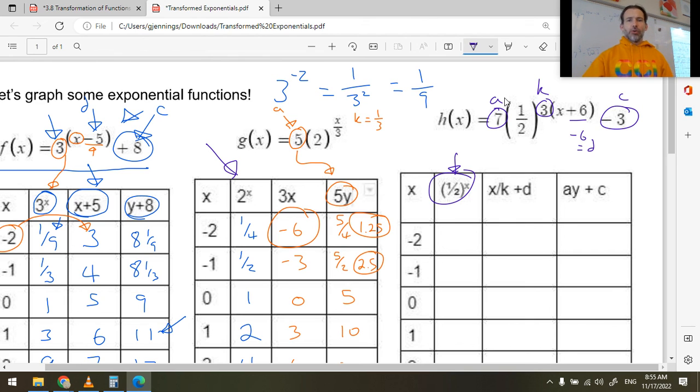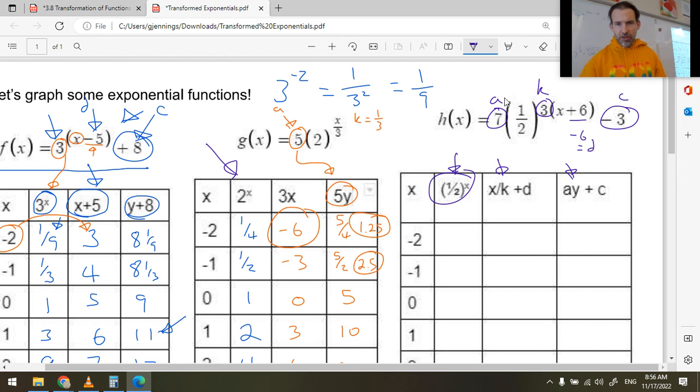Once you've generated your table of values for the parent function, 1/2 to the x, what are the transformation points that you're going to do to your x values and your y values? What is this mini equation going to look like? First, give me the mini equation that's going to affect your x values.